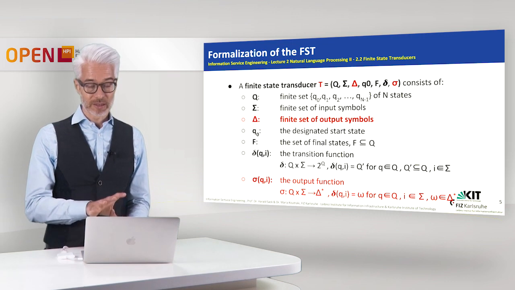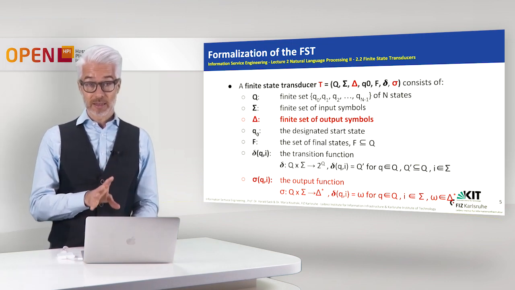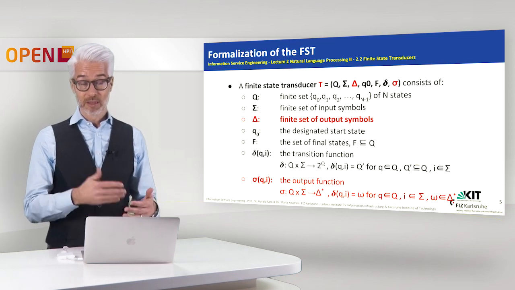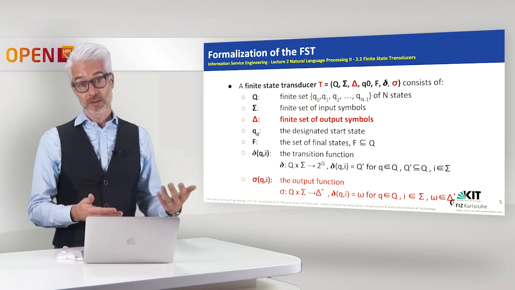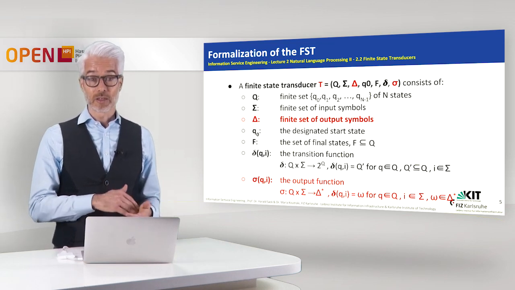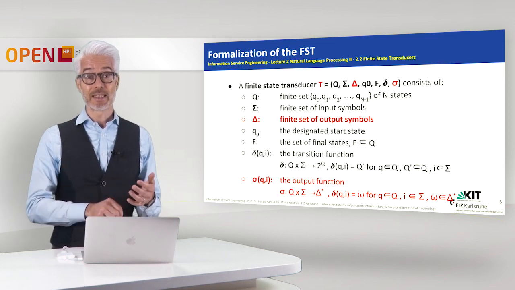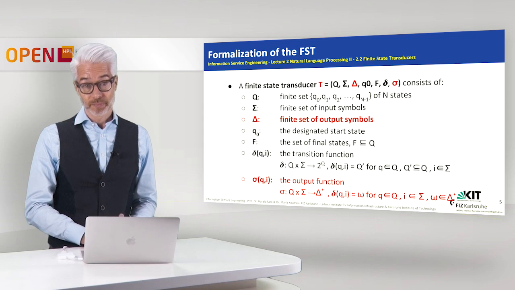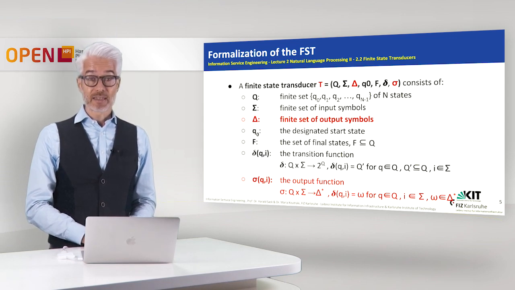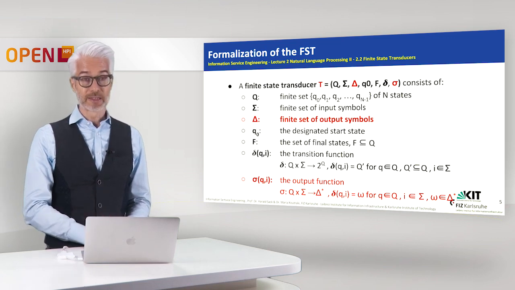Here already we have the transition function in the form of a non-deterministic finite state automaton. We have talked about the difference, deterministic and non-deterministic. The non-deterministic ones, just to recall that, also include the so-called epsilon transitions, which means they can change the state without considering any input symbol. And then we have a second function which is the output function, and this function is called sigma.